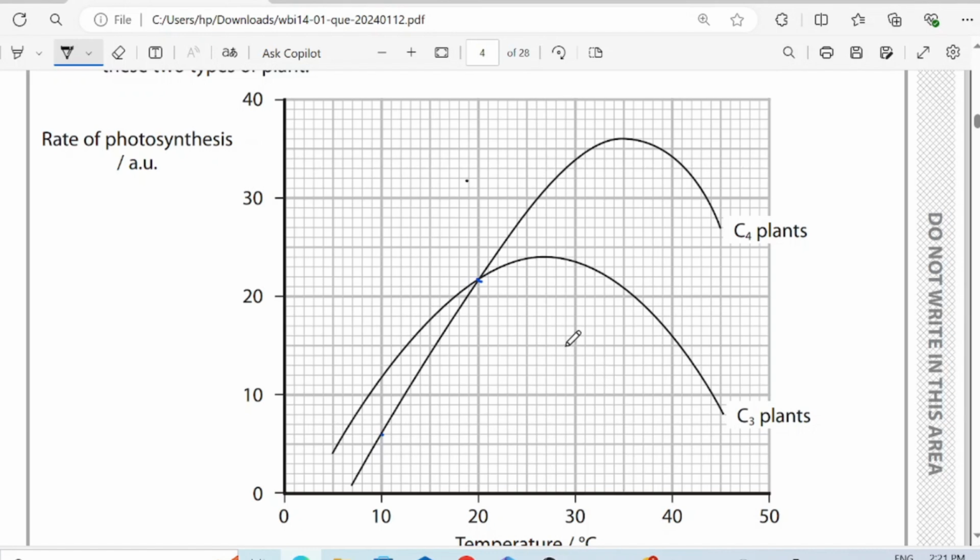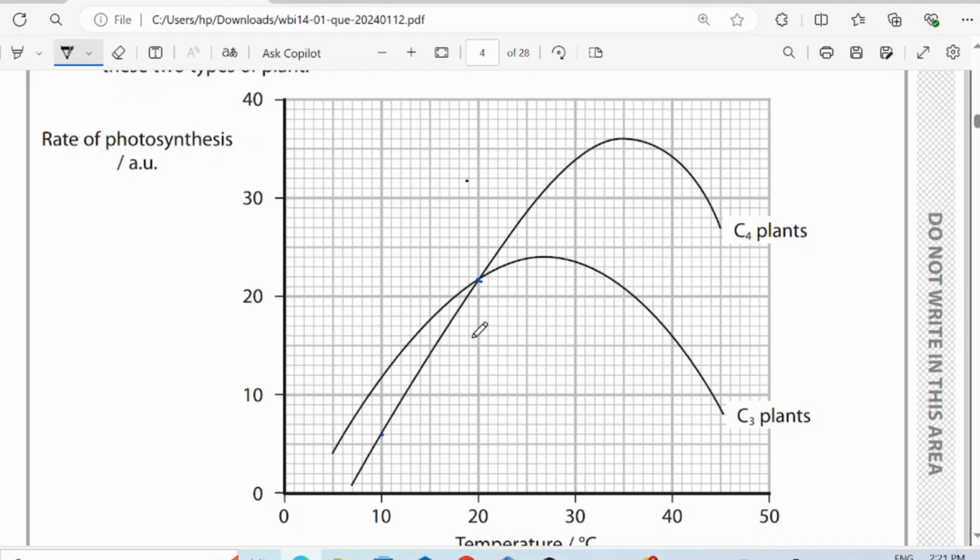They also have different maximum rates of photosynthesis, which is lower for C3 plants and higher for C4 plants, and you can just list out the numbers from here.